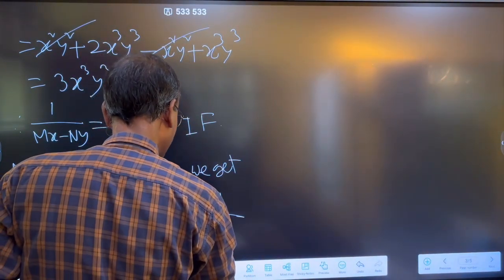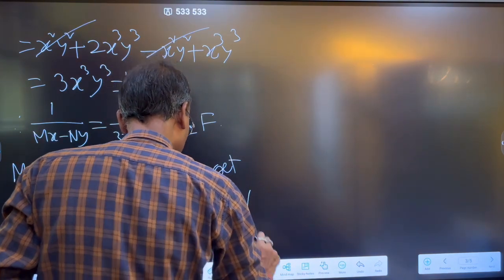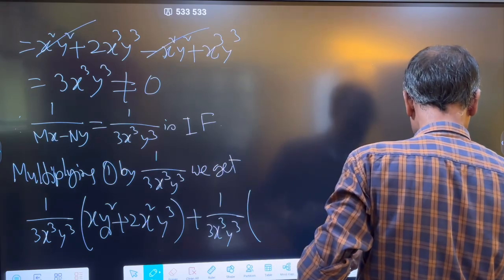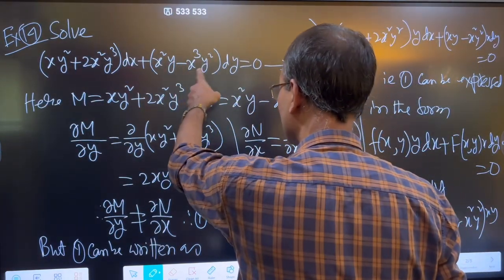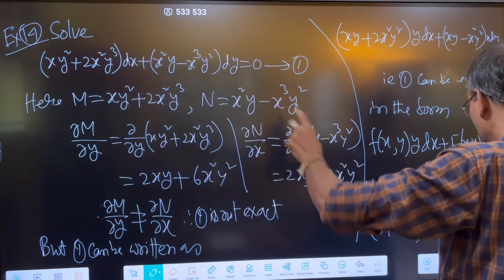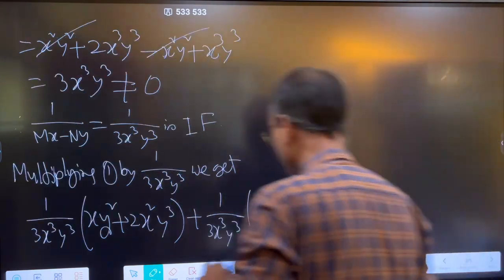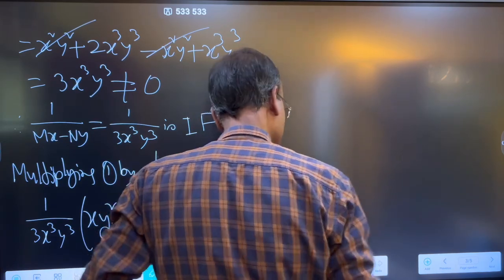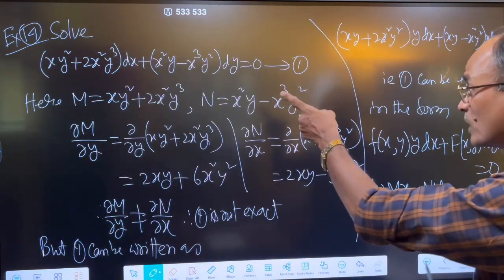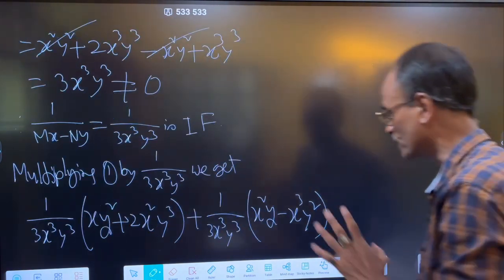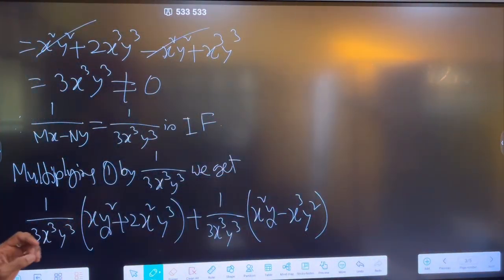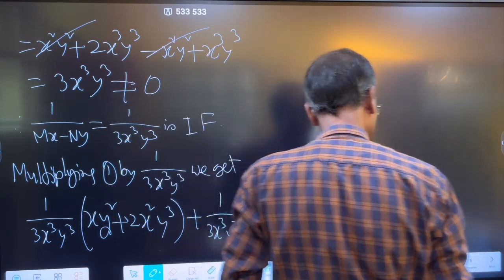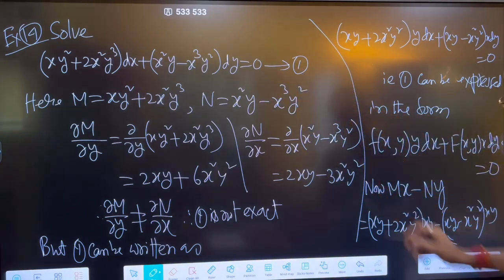What is n? N is x square y minus x cube y square. Equal to 0.